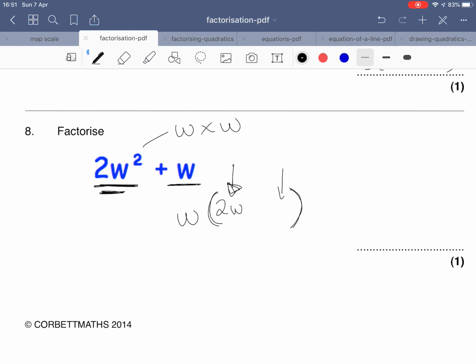Then I want w times what is w. Well, something times 1 is itself, so it's going to be 1. So it's going to be plus 1. So we got w(2w plus 1). Okay.